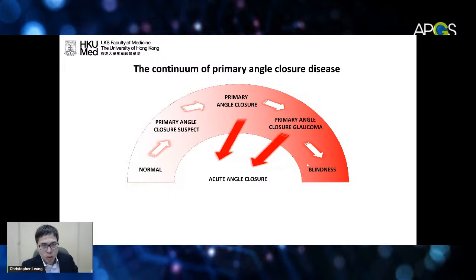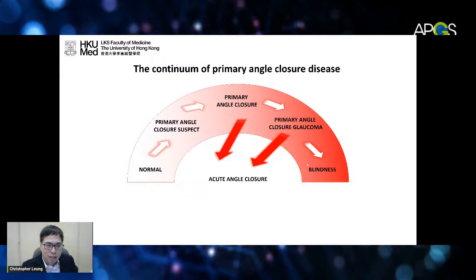The continuum of primary angle closure disease starts from primary angle closure suspect, primary angle closure, and then primary angle closure glaucoma. We know it is the progressive development of iris trabecular contact that characterizes the spectrum, or the continuum, of primary angle closure disease.